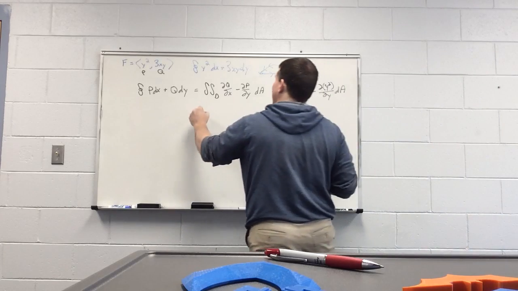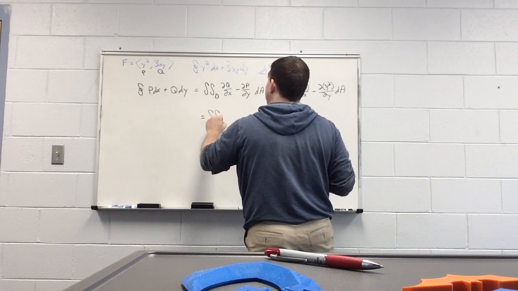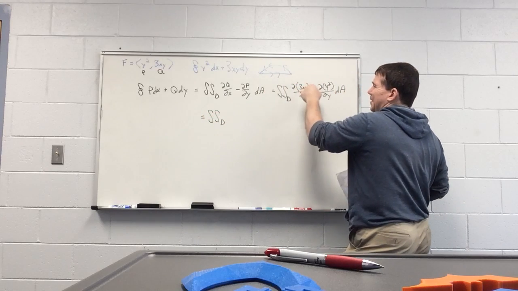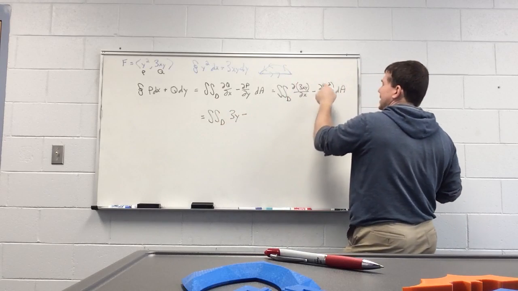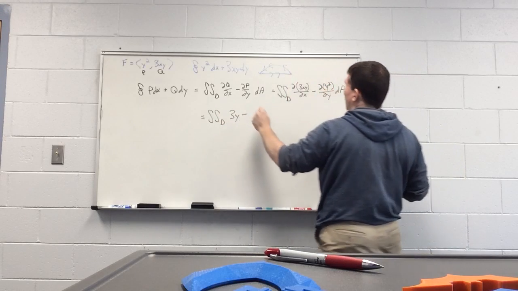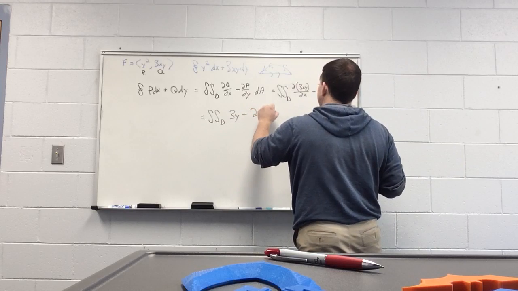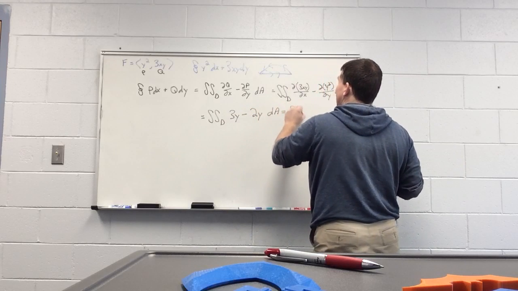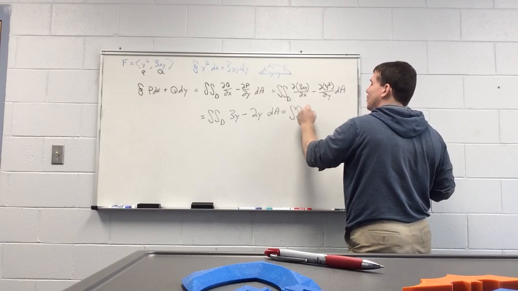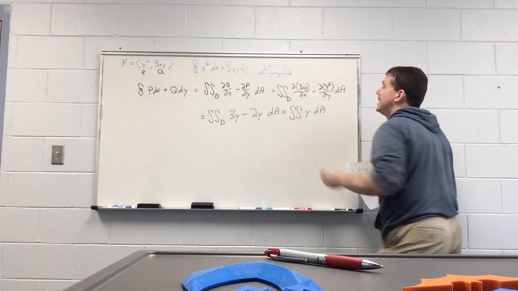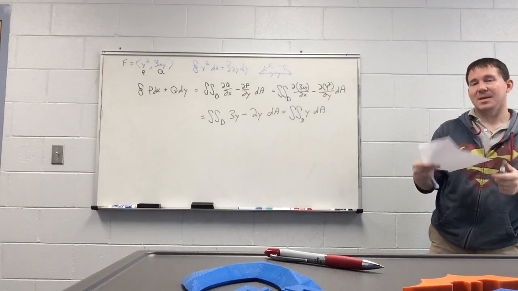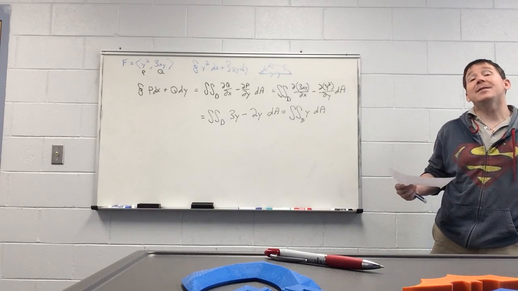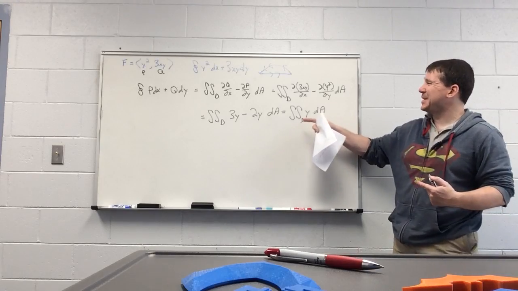And then I get the double integral. Partial of that with respect to x is 3y, minus the partial of this with respect to y is 2y, dA, which actually simplifies 3y minus 2y to y dA. Now the only problem is I have to find my limits here.